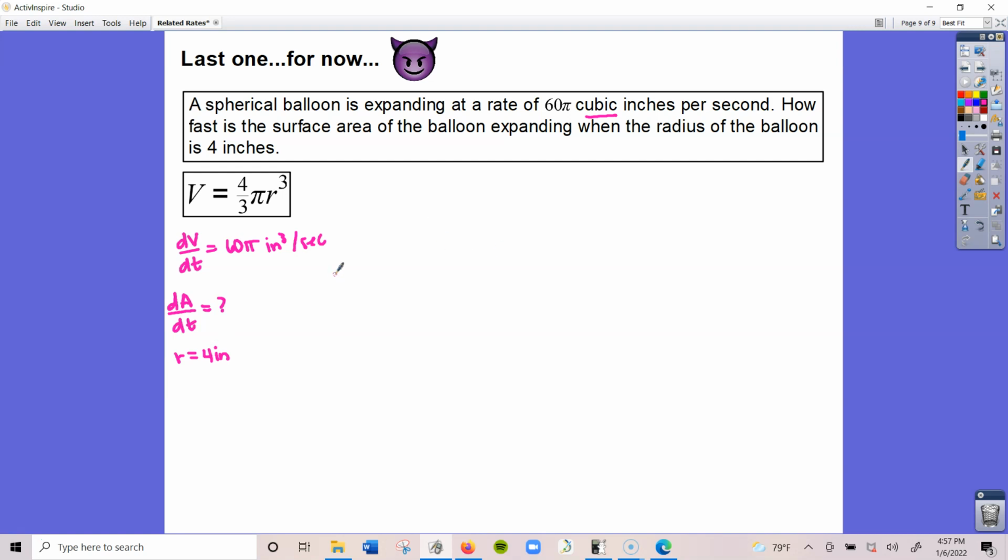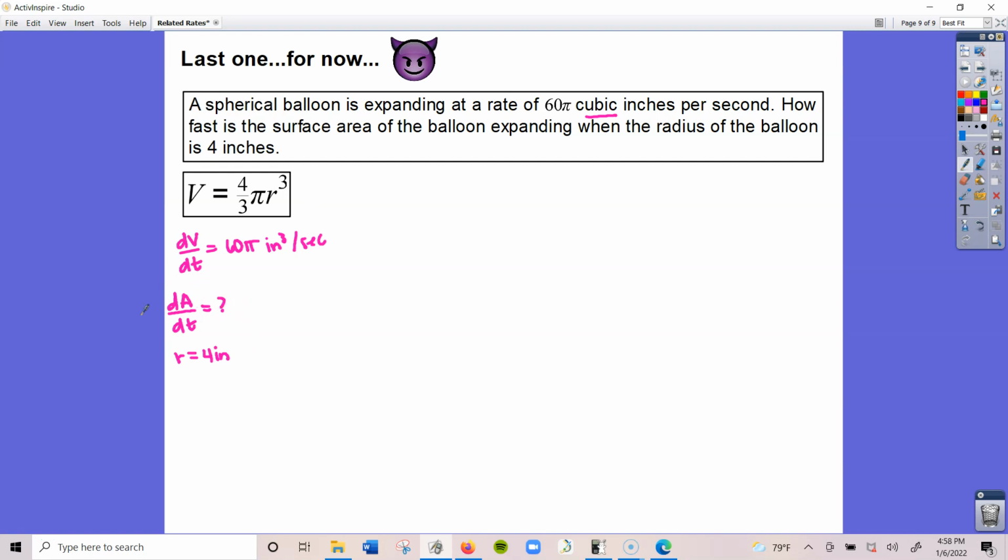Now the thing with this question, or the thing with any of these related rates questions, there is never going to be anything in the question that you're not going to use. You're always going to use everything that's given in the question. So if we are given dV/dt, that means that we're probably going to use it for something, but I'm looking for dA/dt.